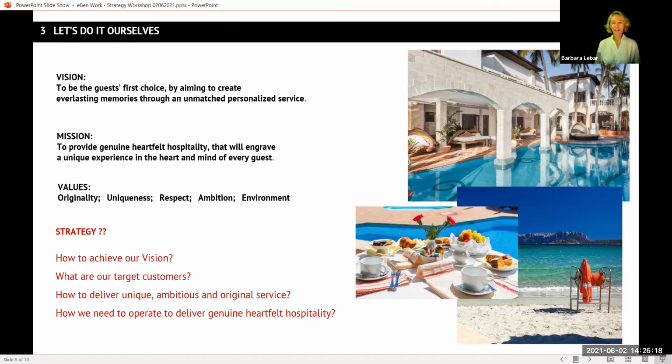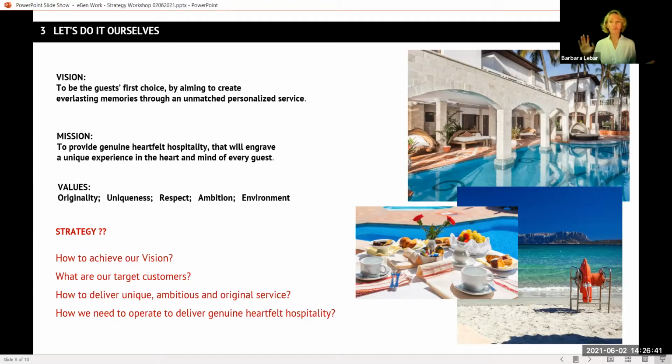What offering, and especially how people can do it and behave? And think about the operational view, how we can deliver this genuine hospitality, what that means, where we need to skill the people, but also think about technology if it's necessary.